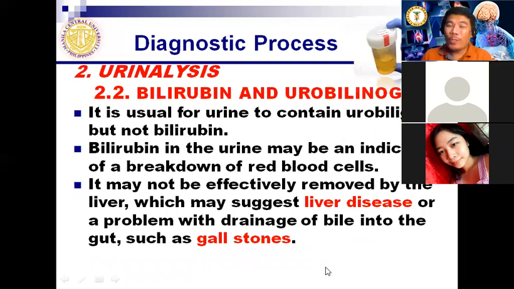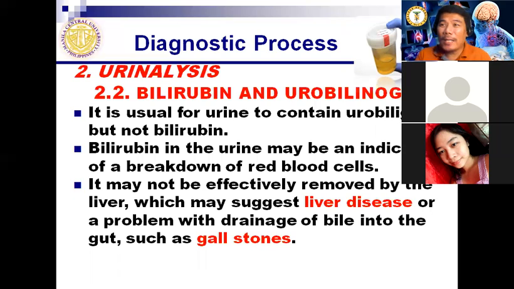However, when we talk about bilirubin and urobilinogen, they are also not expected in the urine. Although, as mentioned in the literature, in the usual routine there could be urobilinogen, but not bilirubin. Remember this, class, not bilirubin.